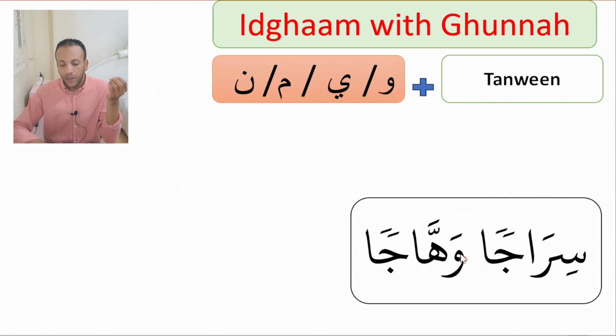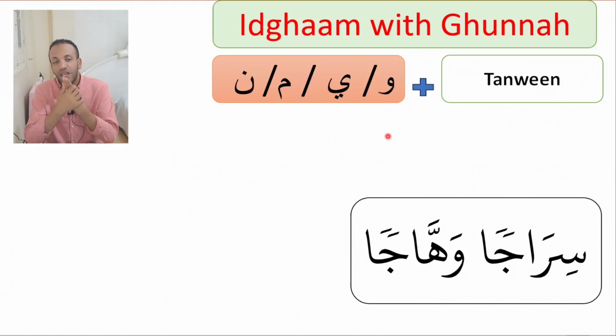Here it is Waw, and Waw is present here above. And you need, or you decided, to read both words together as if they are one word without any pause in between. So in this case, you need to apply this rule, Idgham with Ghunnah.